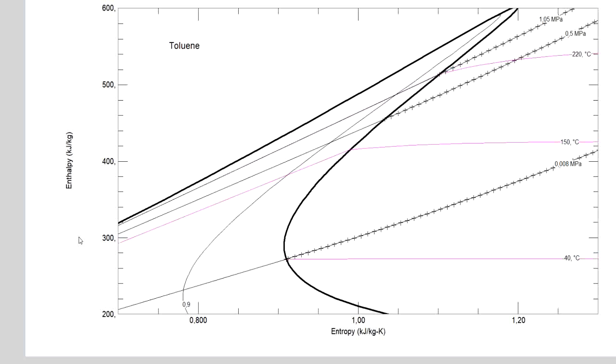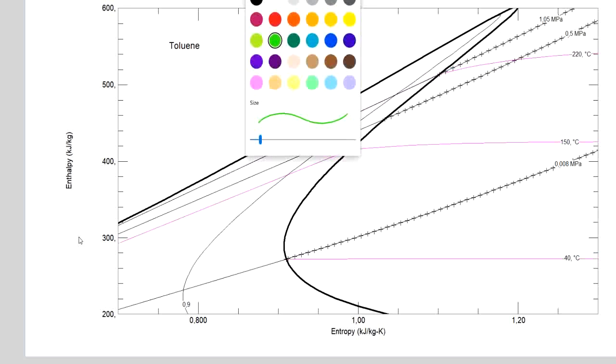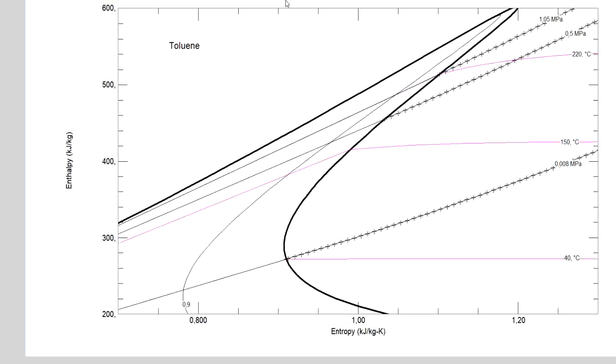So let's start with the condensing pressure, because here in the diagram we have over here the isotherm at 40 degrees C, and at the point of the saturated vapor it connects with the isobar, where we can see that the pressure is 8 kilopascals.